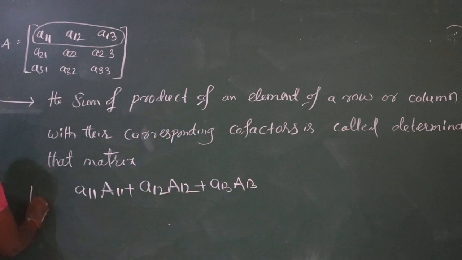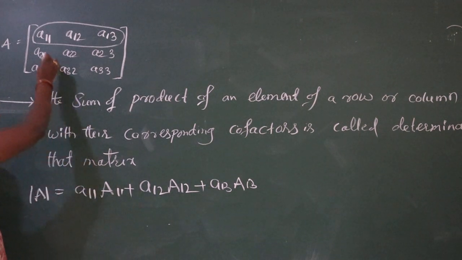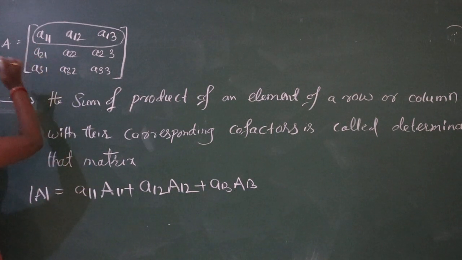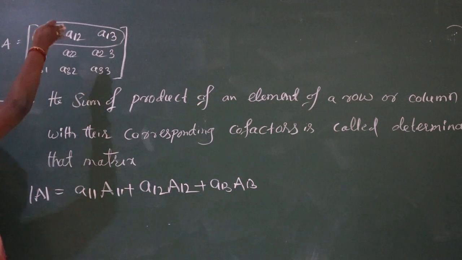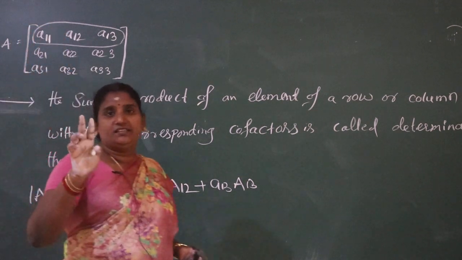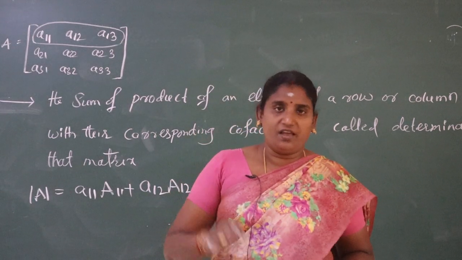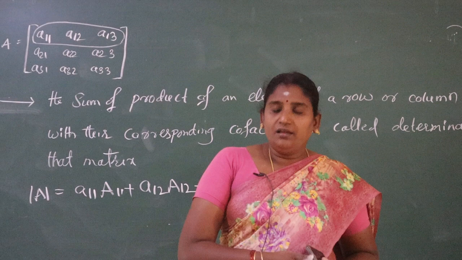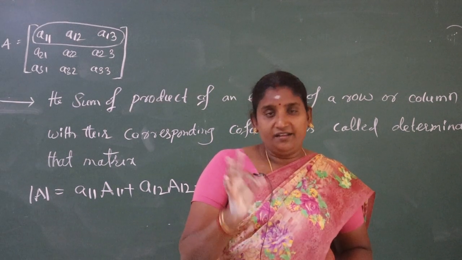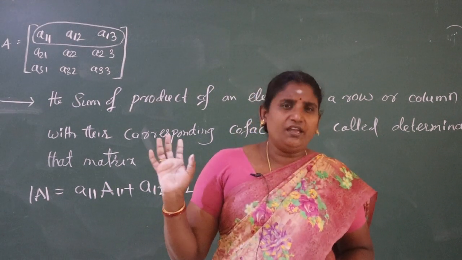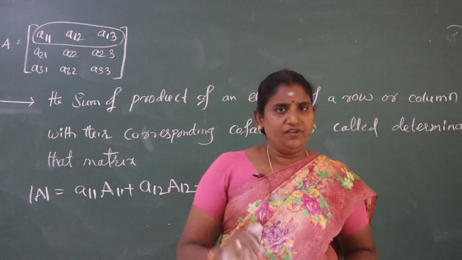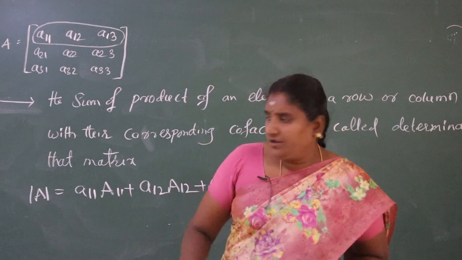This is nothing but the determinant of the matrix, det A. Very simple. Then how many ways can you find it? I can find it by using the second row also, third row also, or first column, second column, third column. 6 different ways we can find the determinant value for a 3 by 3 square matrix, because we have 3 rows and 3 columns. Any row we can use as well as any column we can use.